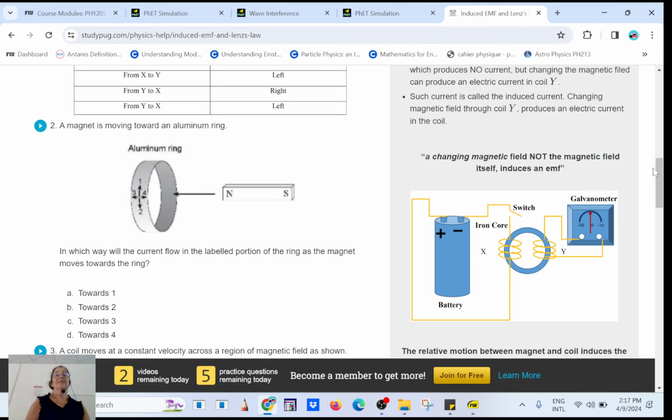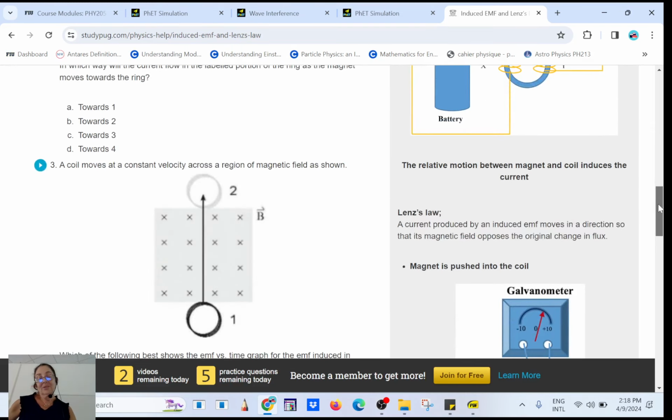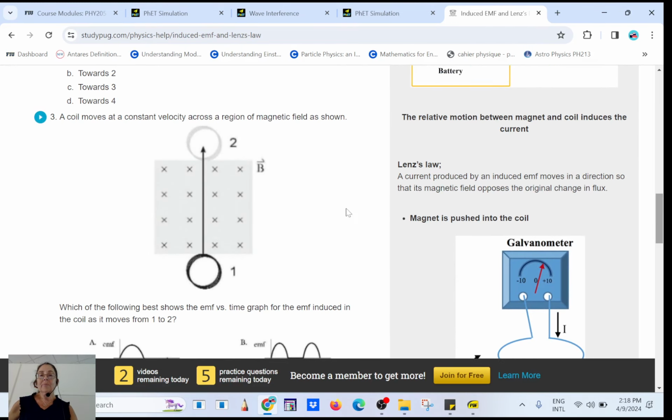Then you come in and this is a north, so it's 2, because that face will be the north, and norths repel each other. And if you try to pull it away, it's going to be 1. So that's how Lenz's law works.